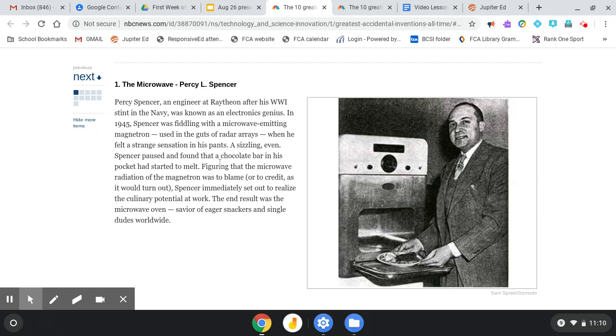Spencer paused and found that a chocolate bar he had in his pocket had started to melt. Figuring that the microwave radiation of the magnetron was to blame, or to credit, as it would turn out, Spencer immediately set out to realize the culinary potential at work, basically the potential for it to be used in the kitchen. The end result was the microwave oven, savior of eager snackers and single dudes worldwide.